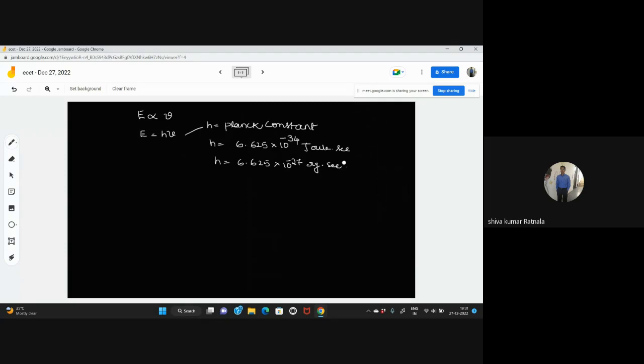Okay, this is what we can say about the Planck quantum theory. One more point you need to remember, one more relation: C equal to nu lambda. Here C is the velocity of light.